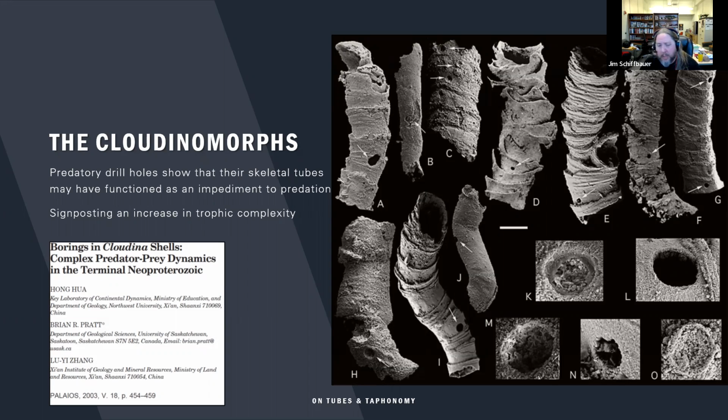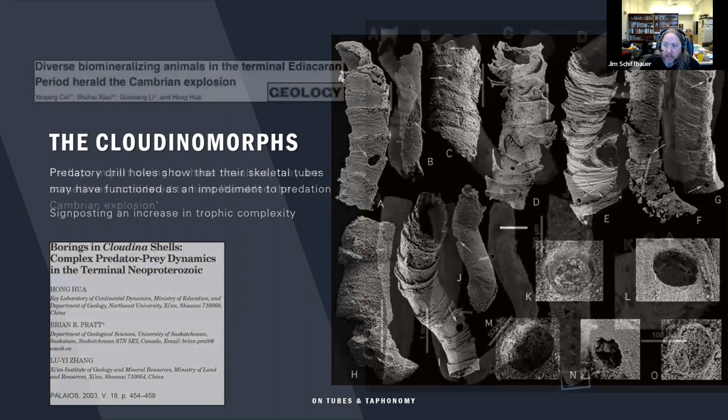And this is an older one, but it's still an important one. We see potential predatory drill holes in the cloudinids. These lovely round circles that Brian Pratt and Hua Hong had shown in some of the Chinese materials. They're exceptionally well-preserved, nice rounded structures that we presume are from drilling organisms, drilling predators, and it signposts a really important increase in trophic complexity, and it foreshadows, of course, the evolutionary arms race that we see in the Cambrian shortly thereafter.